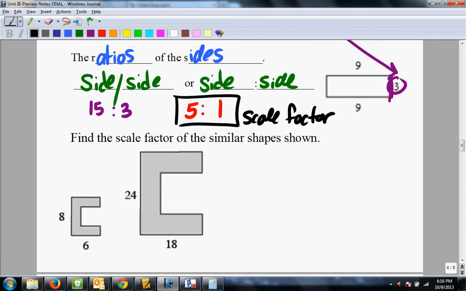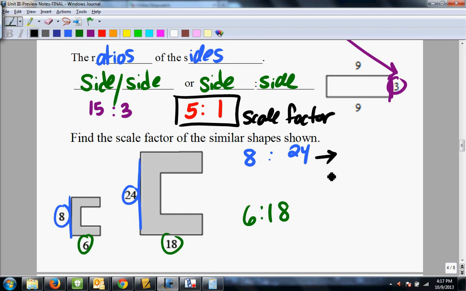So we're going to find the scale factor of the similar shapes below. Unless I tell you which direction to go, just go left to right if possible. So circle 18, let's find its match, which is 24. For good measure, let's check our other one, 6 and 18.